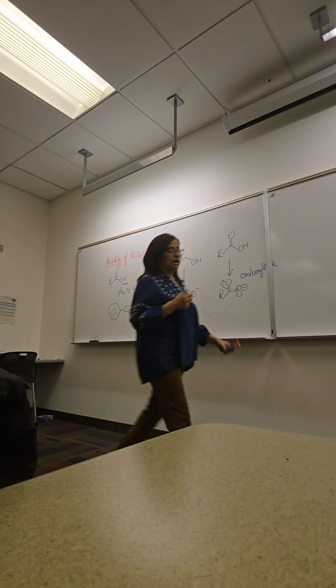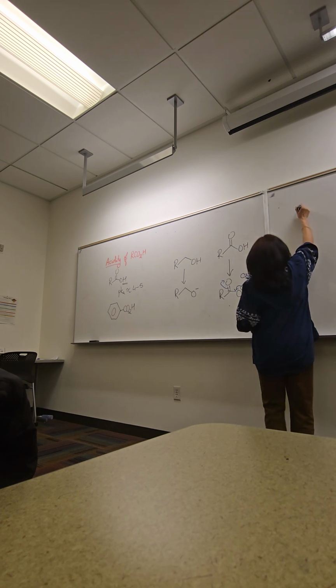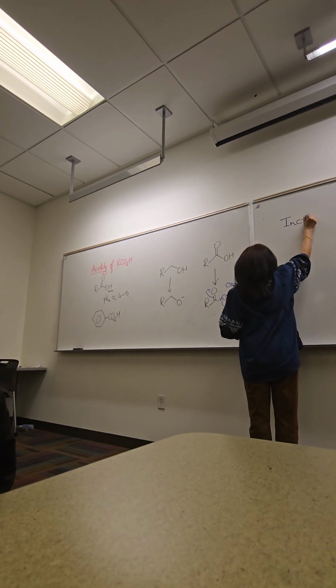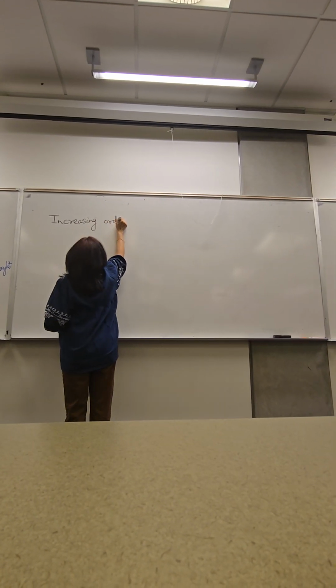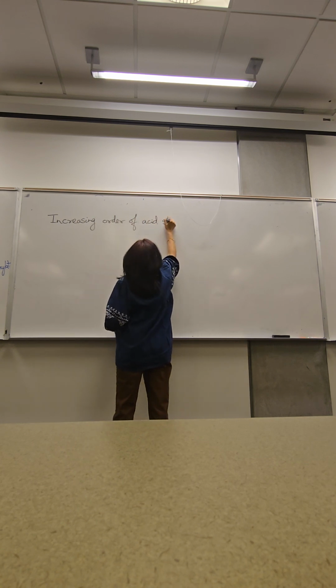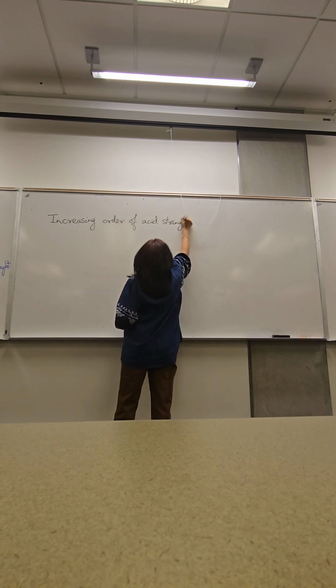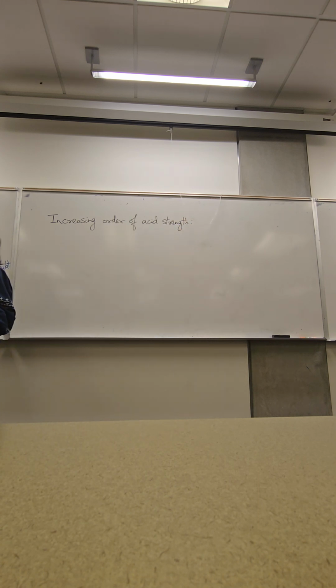Okay, cool. Let me draw a few structures for you. The question is, arrange in increasing order of acid strength. When you're discussing acidity, please look at the structures of the conjugate bases.